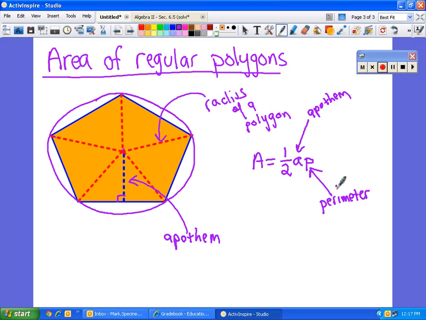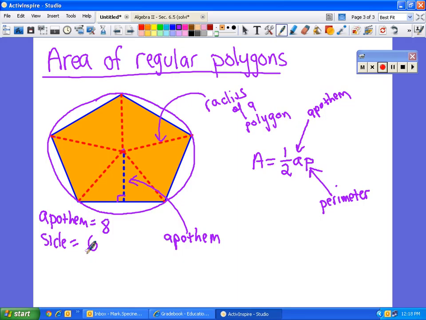Okay. Now let's do an example. Let's pretend that the apothem is 8 and that one side of my pentagon is equal to 6.